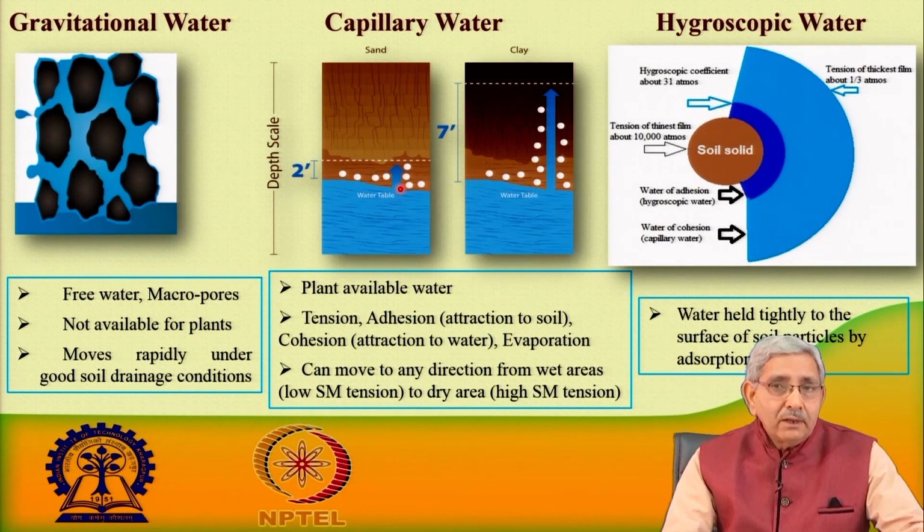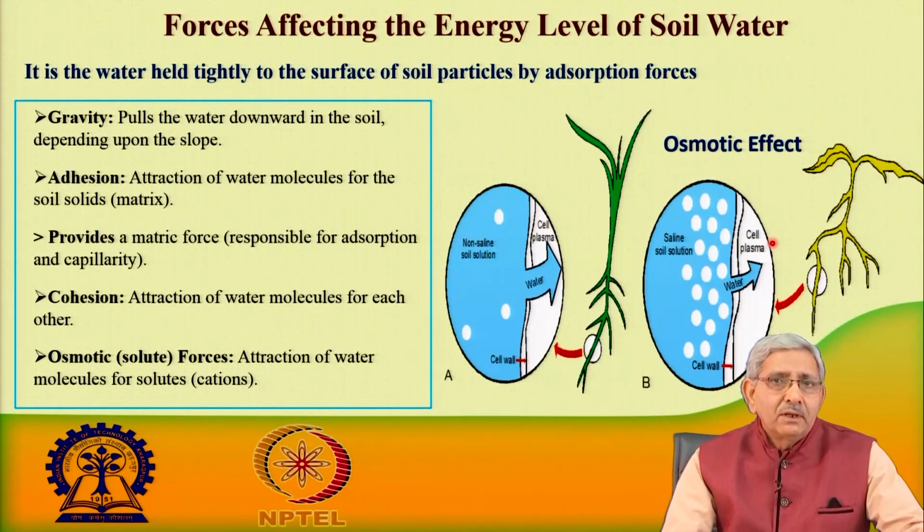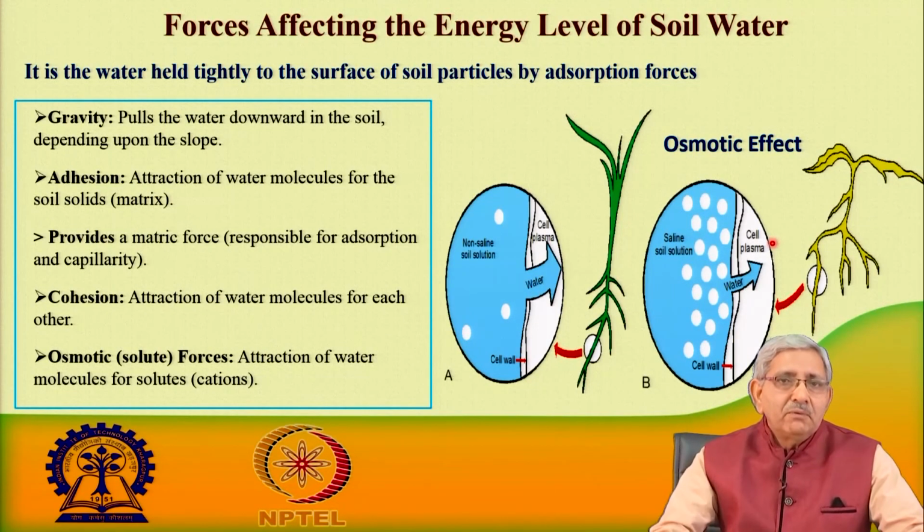In sandy soil the pore sizes are larger, so the movement of water upward is less, and in clay soil the pore sizes are smaller, so the water rises higher. The plant takes water for meeting its evapotranspiration requirement from this capillary water, whereas hygroscopic water has no meaning from the irrigation point of view, because it is not available to the plant.